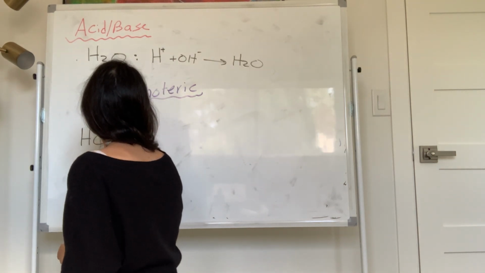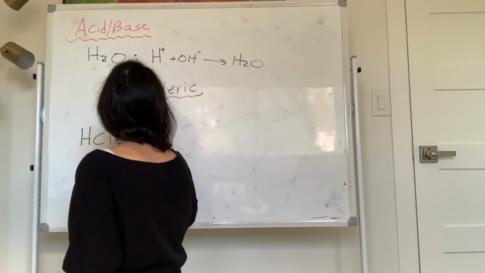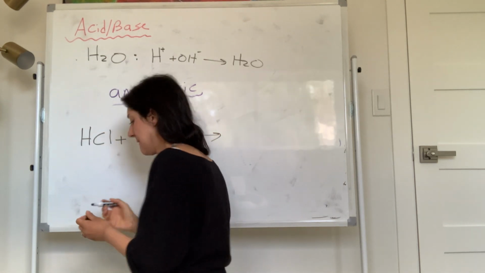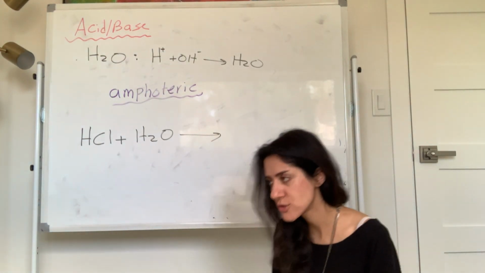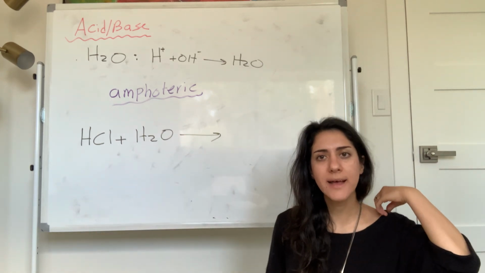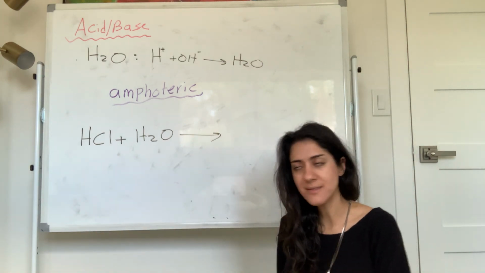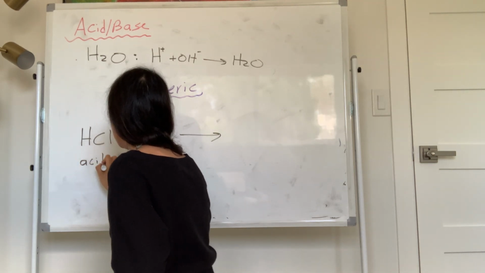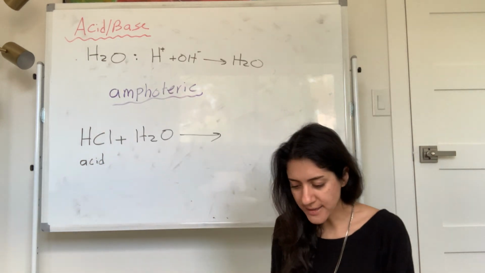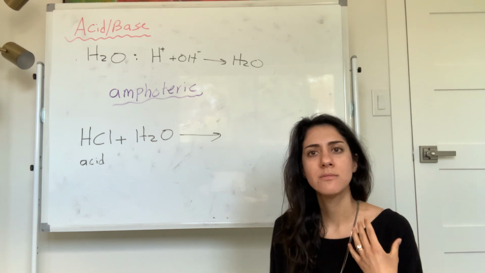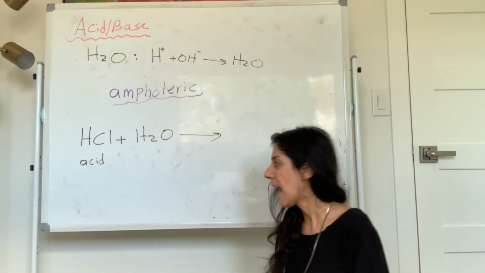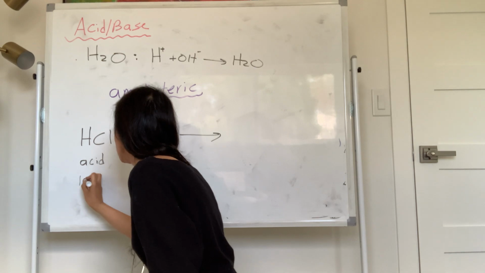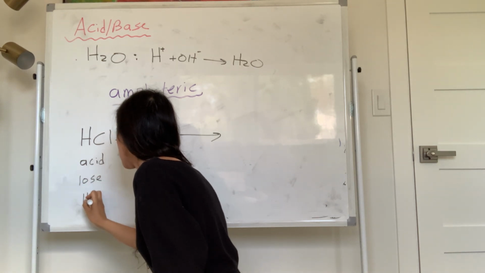Let's write down HCl plus H2O. Hydrochloric acid is my acid. And what did we say? Acid is going to donate an H plus. Acid is going to lose an H plus.